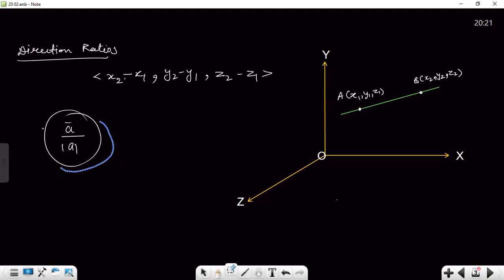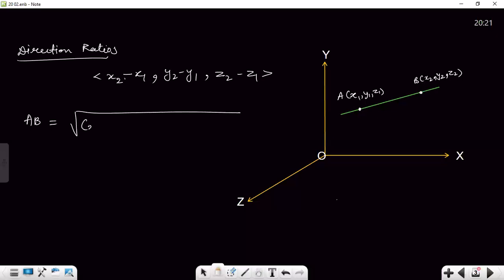So we have the vector, we have the DRs. Now we'll have to divide it by the length of AB. What is AB's length? We'll use the distance formula for this. Distance formula is this: x2 minus x1 whole square, y2 minus y1 whole square, z2 minus z1 whole square.